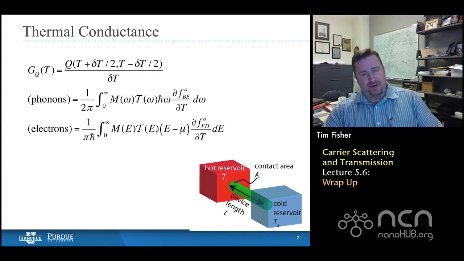And then we do that whole integral either in frequency space or energy space. And we do that for a particular arrangement. That's where we have a hot reservoir and a cold reservoir connected by a device.